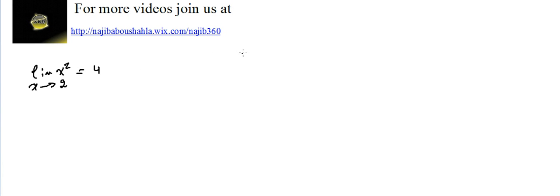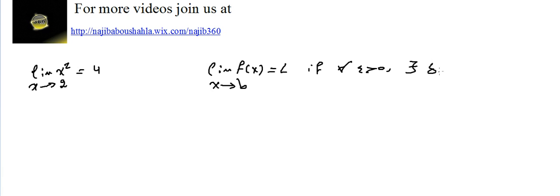If f is a function defined on an open interval containing b, and possibly not defined at b, then the limit as x approaches b equals L if for every epsilon, a positive very small number, there exists a delta which is a function of that epsilon.